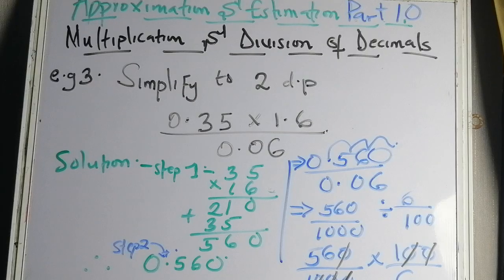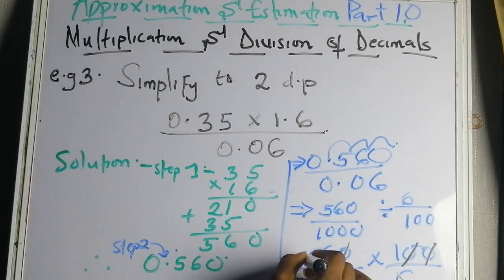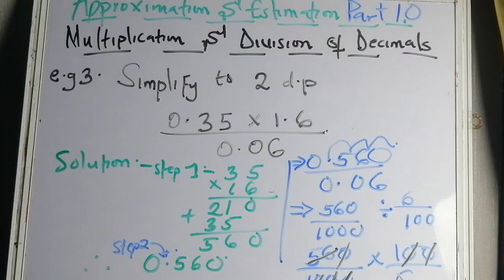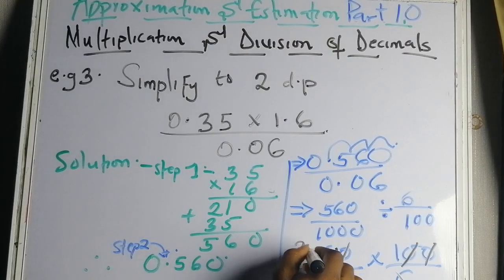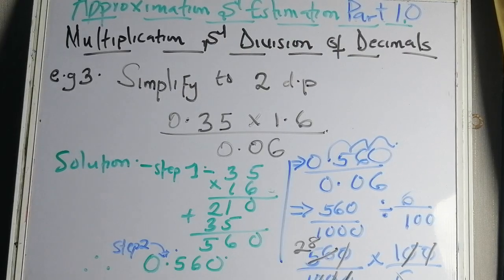So manually, you are doing this without using a calculator. We have 2 here, 2 in 16, that's 8. 8 times 2 is 16.